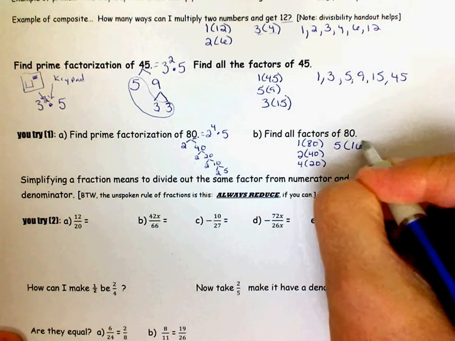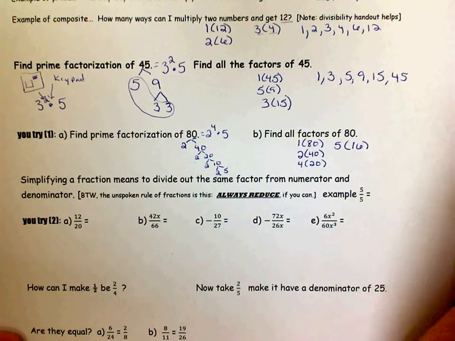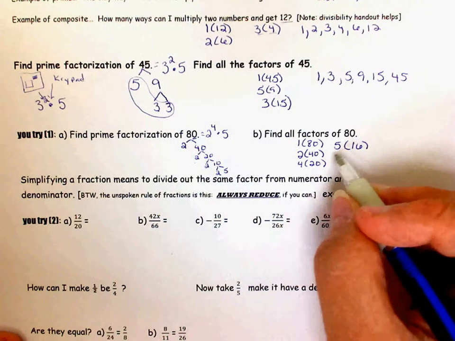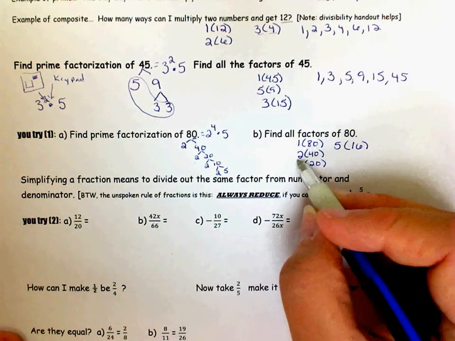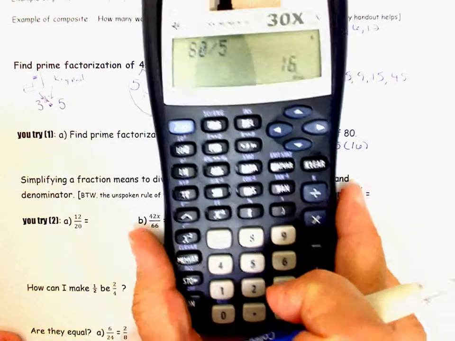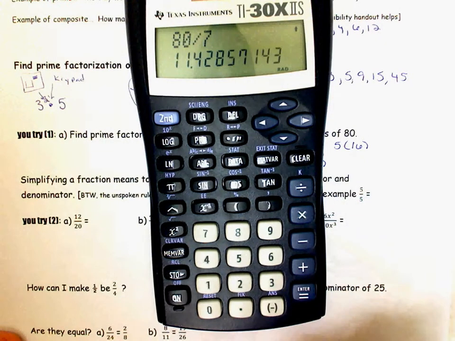And since we're in chapter 4, you're allowed to use a calculator. Will 6 go? No, because 3 didn't go. 7, it's just easier to use the calculator. So 80 divided by 7, that's yuck.